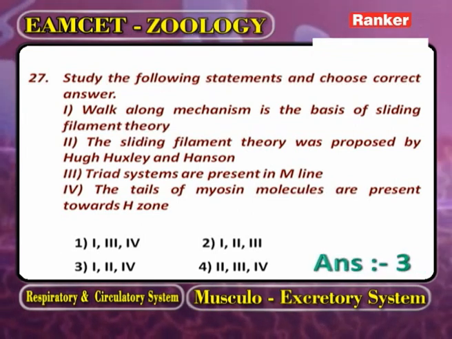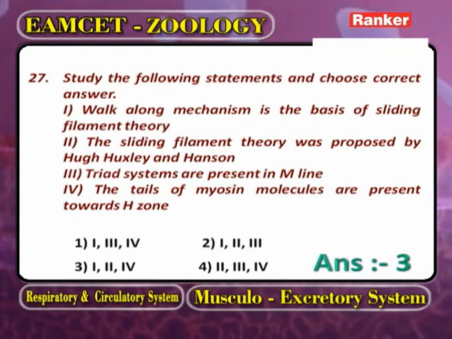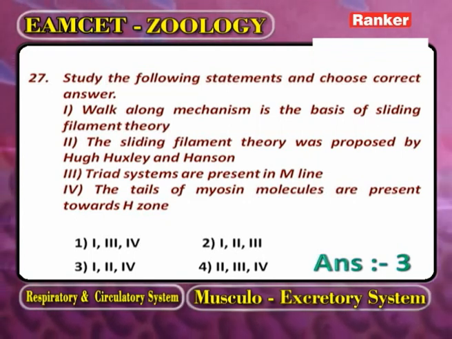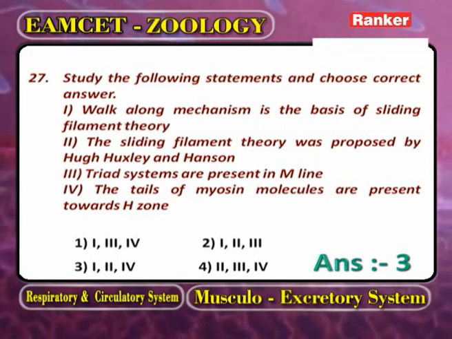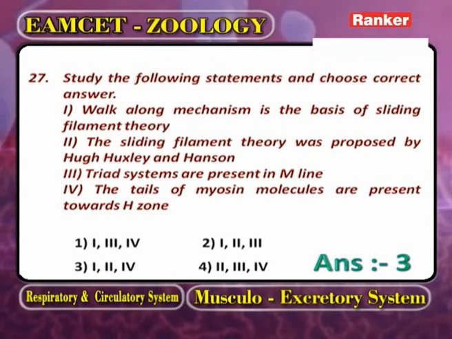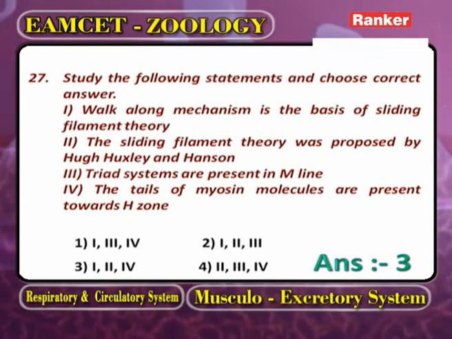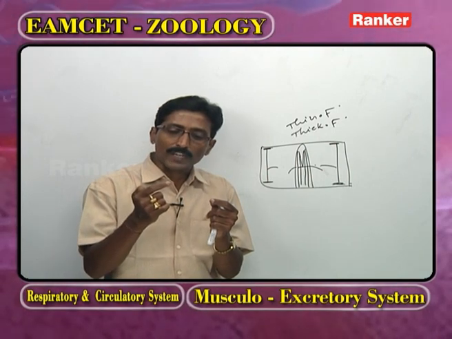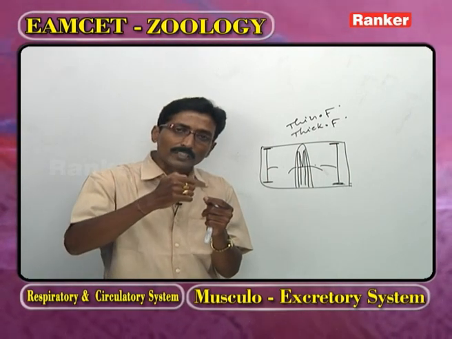Study the following statements and choose the correct one. First one, walk along mechanism is the basis of sliding filament theory. Now, the sliding filament theory was proposed by Hugh Huxley and Hansen. In the sliding filament theory, the thin filaments slide on thick filaments.